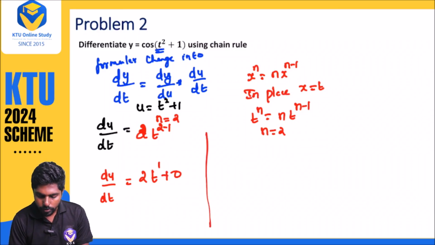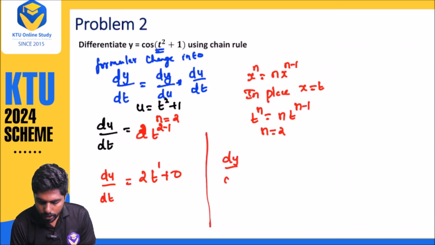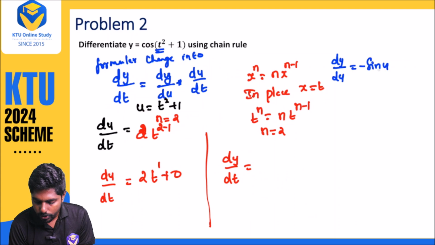So the formula is dy/dt is equal to dy/du, which we got as minus sin u, into du/dt. That is minus sin u into 2t.